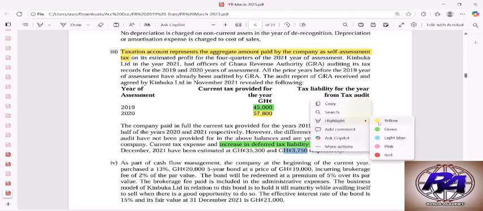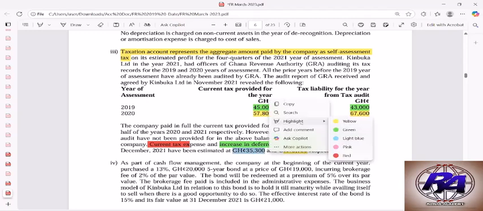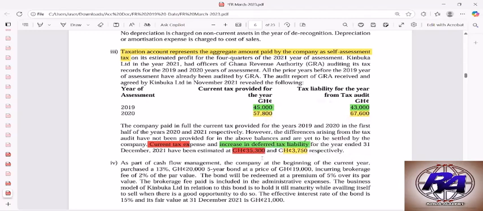They are using respectively. So the deferred tax is the second one, and then the current tax, which is this one, let me use red, is 35,300. So they have made provision for the current 2021 year of assessment. Our current tax provision is 35,300, and our deferred tax is 3750.